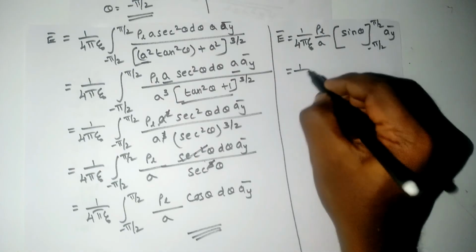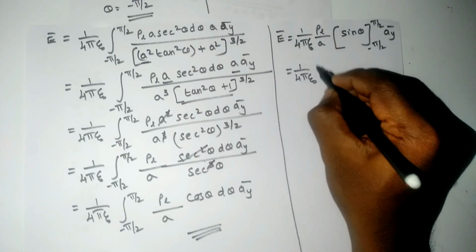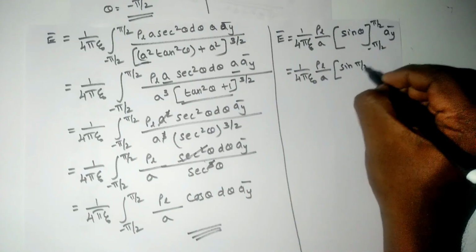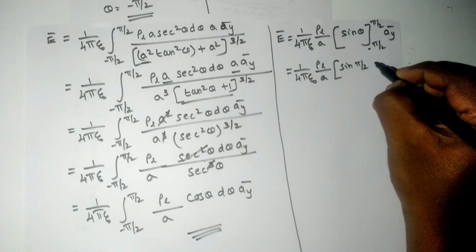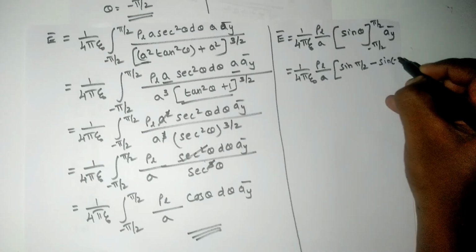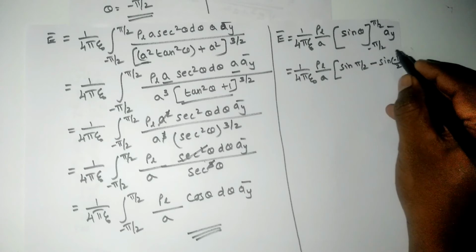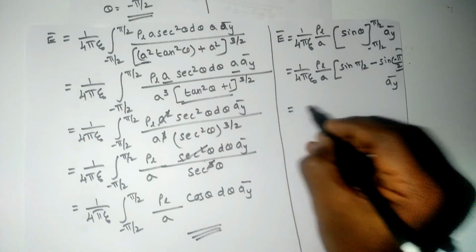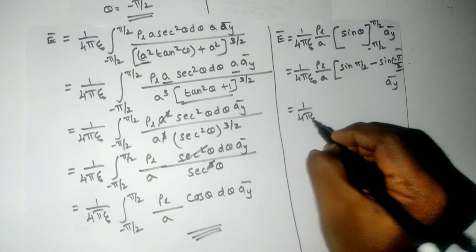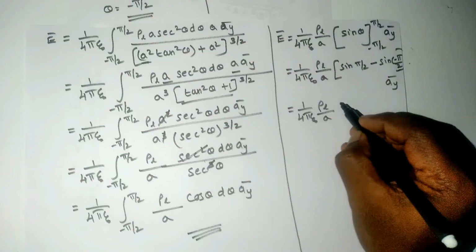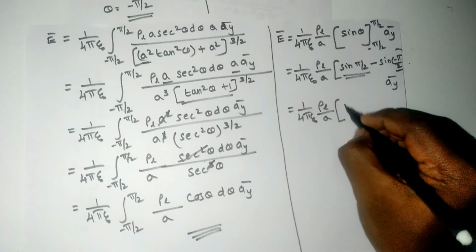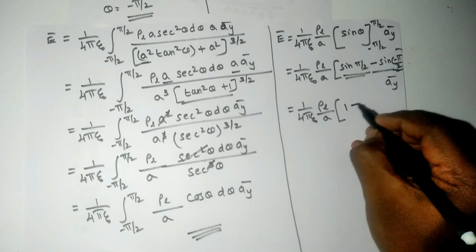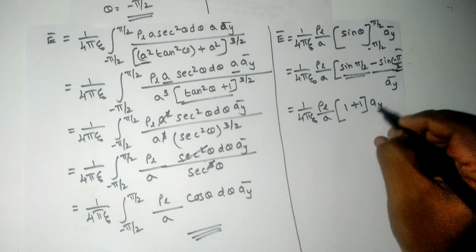So this will be equal to 1 by 4 pi epsilon 0 rho L by a into sin pi by 2, applying the upper limit, minus sin minus pi by 2 into a_y. So this will be equal to 1 by 4 pi epsilon 0 rho L by a into sin pi by 2 is 1 minus sin of minus pi by 2 will be equal to plus 1 into a_y.